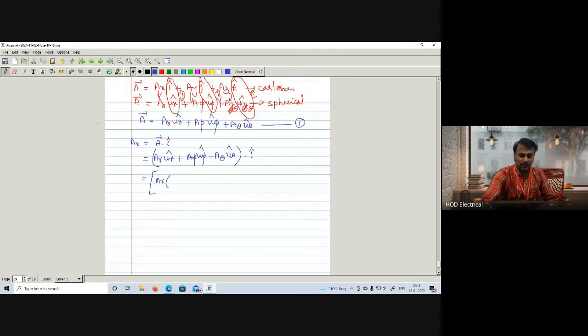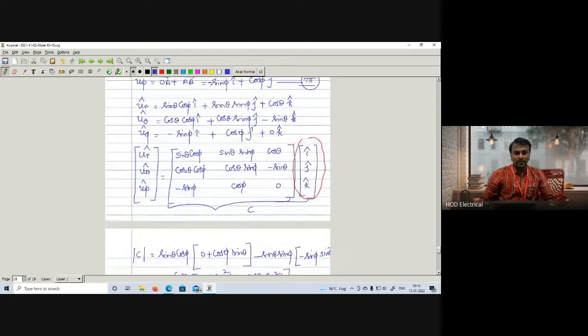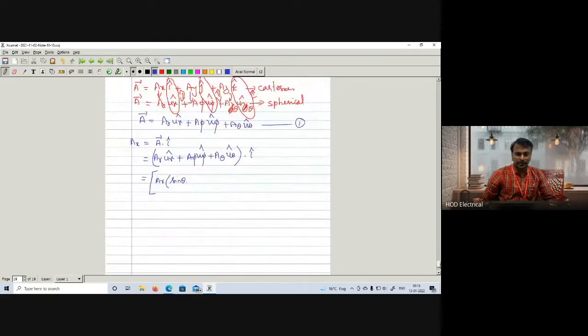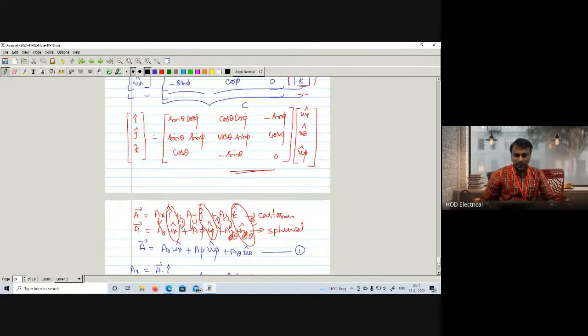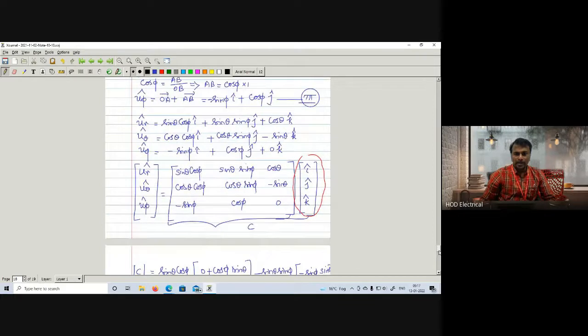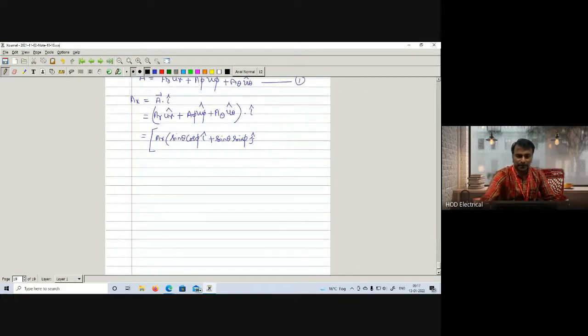We can write u r as sin theta cos phi in the i hat plus sin theta sin phi in the j hat plus cos theta into k hat.